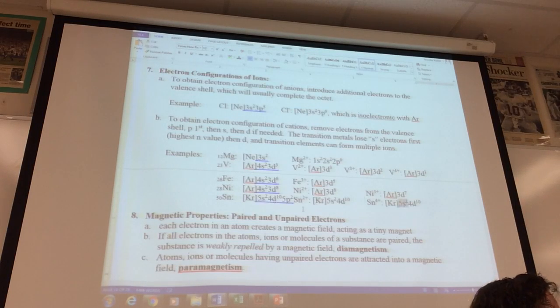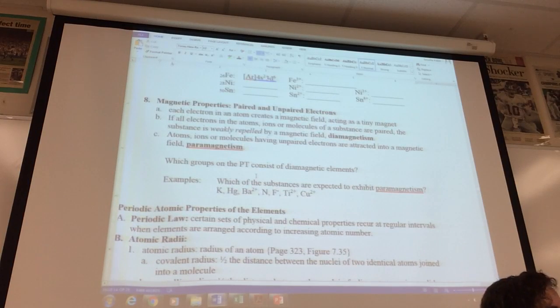Alrighty, so far so good? Here's another new component, but again, nothing that's going to be terribly difficult, so just have a little patience with it. Electrons are negative, and each electron actually creates a magnetic field, essentially acting as a little magnet.